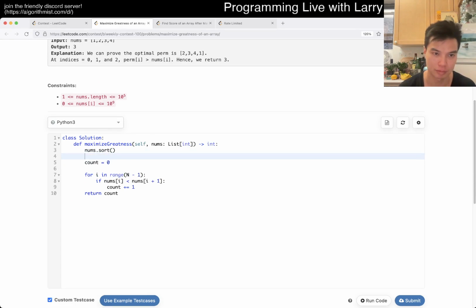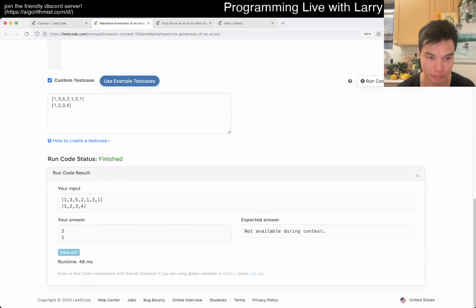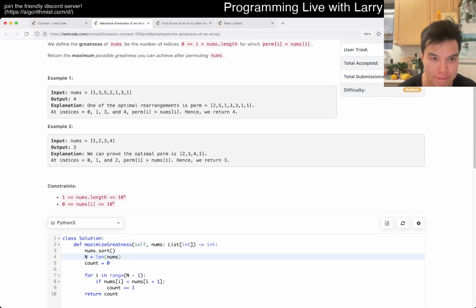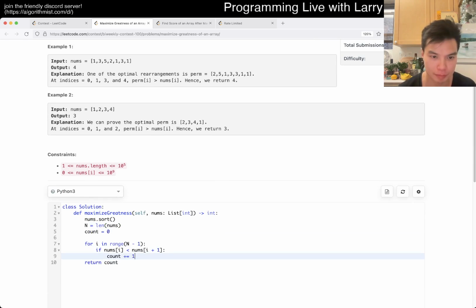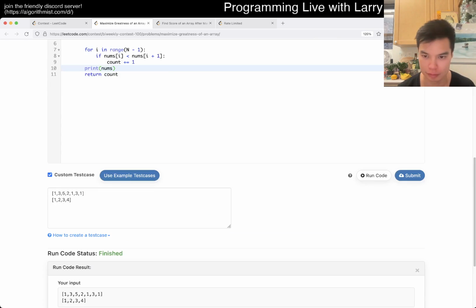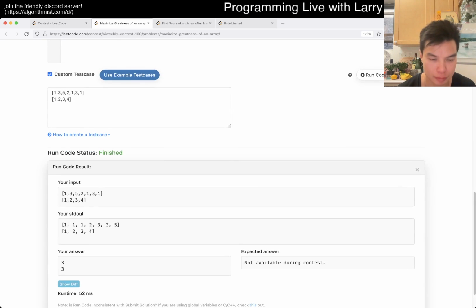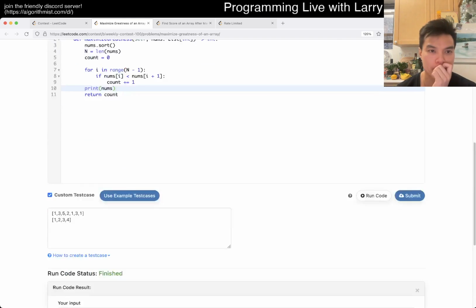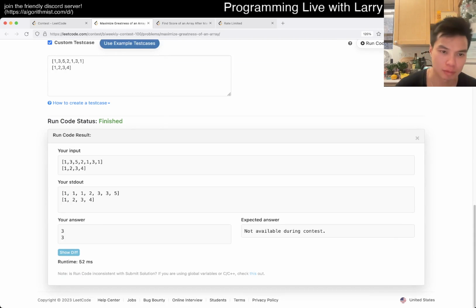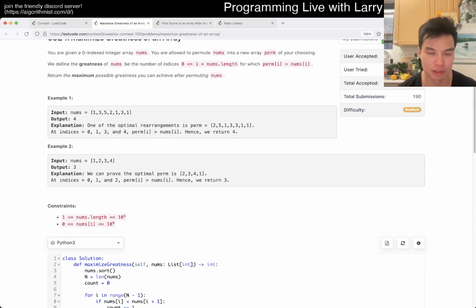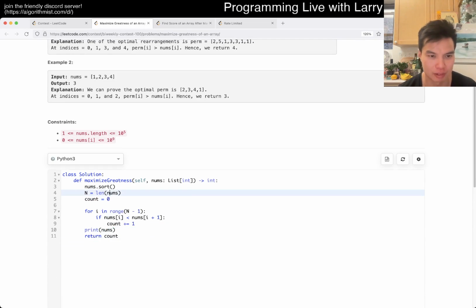Oh, whoops. Really? Where's end? I didn't consider the offset case. Okay, fine. Oh, that they're not unique. I guess it doesn't make sense if they, whatever.